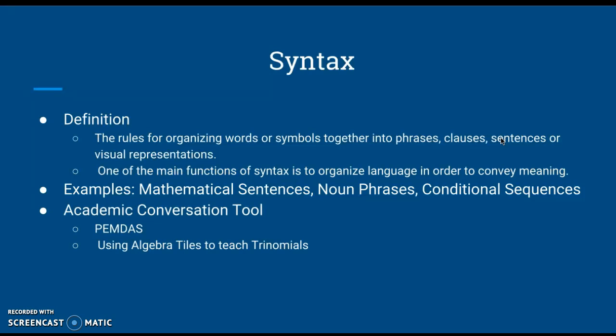The P means parentheses first, then the exponent, multiplication, division, addition, and subtraction. Another academic conversation tool could be using manipulatives. For example, using algebra tiles to teach trinomials, where the big square is the x squared, the long skinny piece is the x, and the little square would be your ones. Together, you can use that to introduce trinomials into your math lesson.